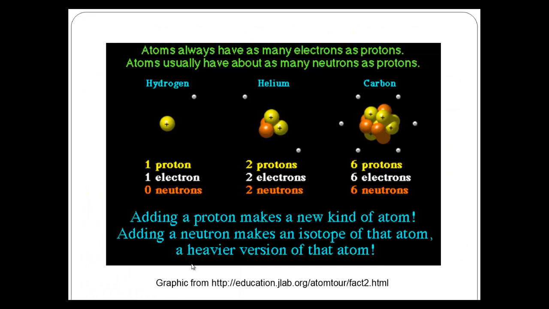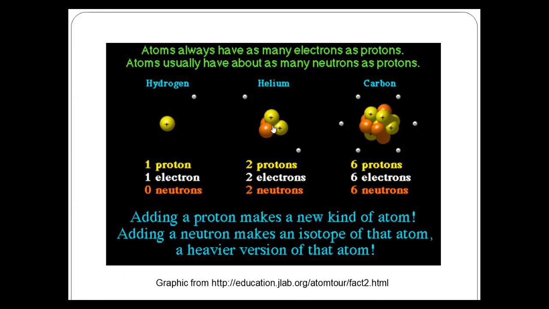The other interesting thing you should be aware of is that atoms usually have about as many neutrons as protons. Notice the word usually, not always. So, for example, with hydrogen, we have 1 proton and 0 neutrons. It's not the same.